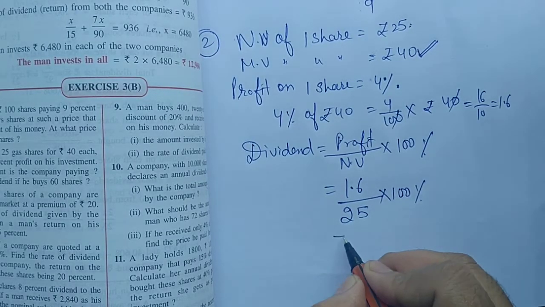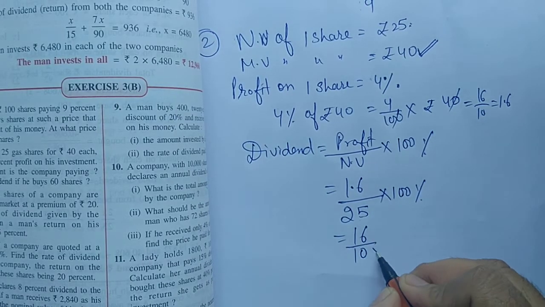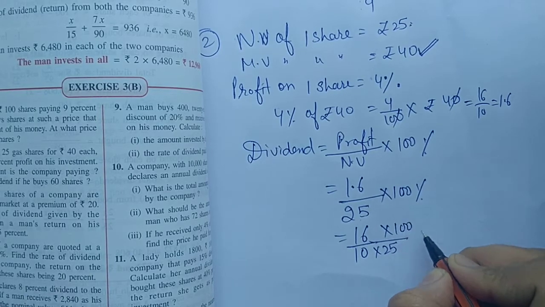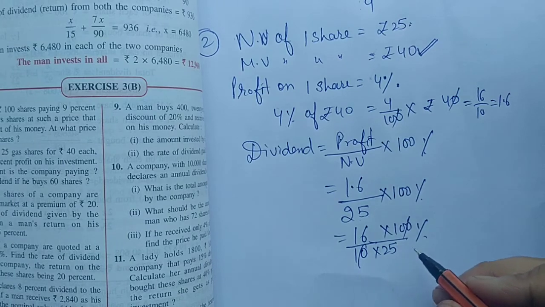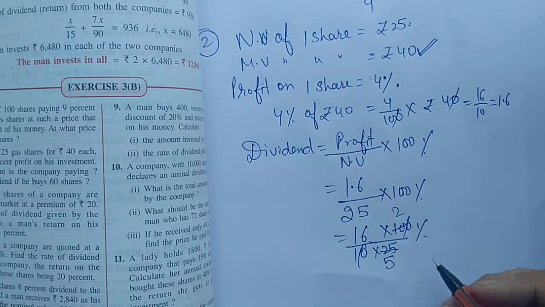So calculate it, it will give 16 upon 10, then 25 will be in the denominator, multiply by 100. So we can cancel zeros, then 5 5s are 25, 5 2s are 10.